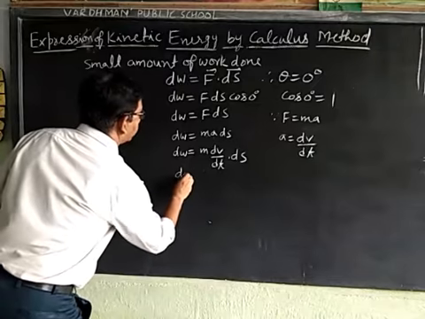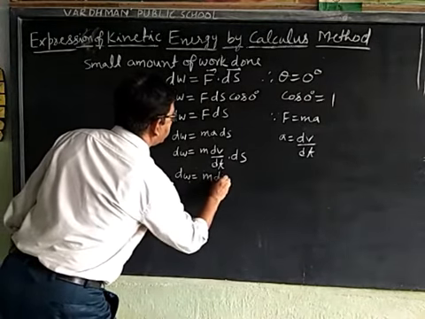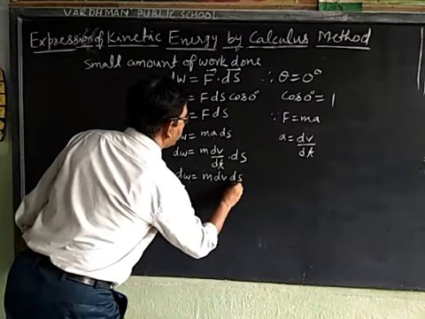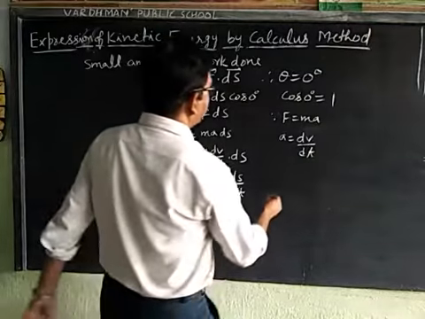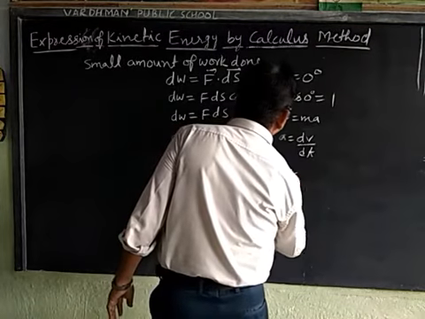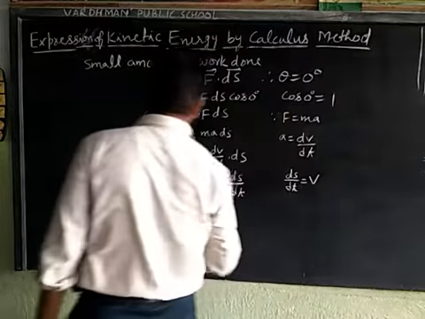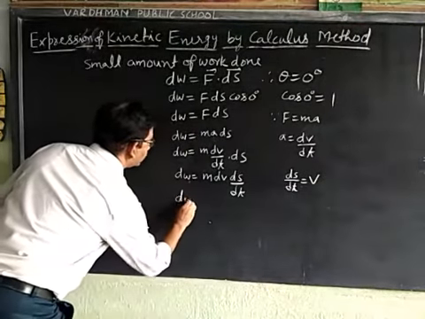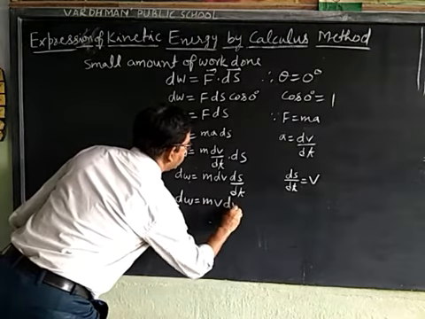We can write dW is equal to m dv ds upon dt. What is ds upon dt? ds upon dt is equal to v. Therefore, dW is equal to mv dv.